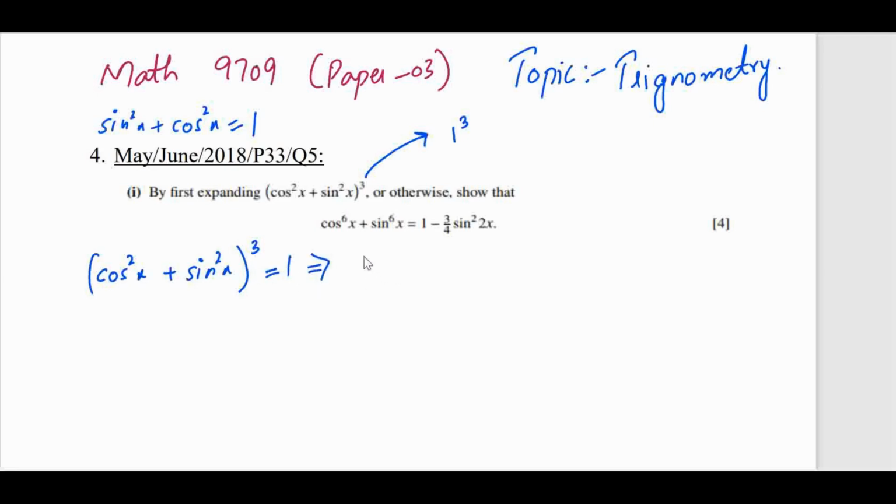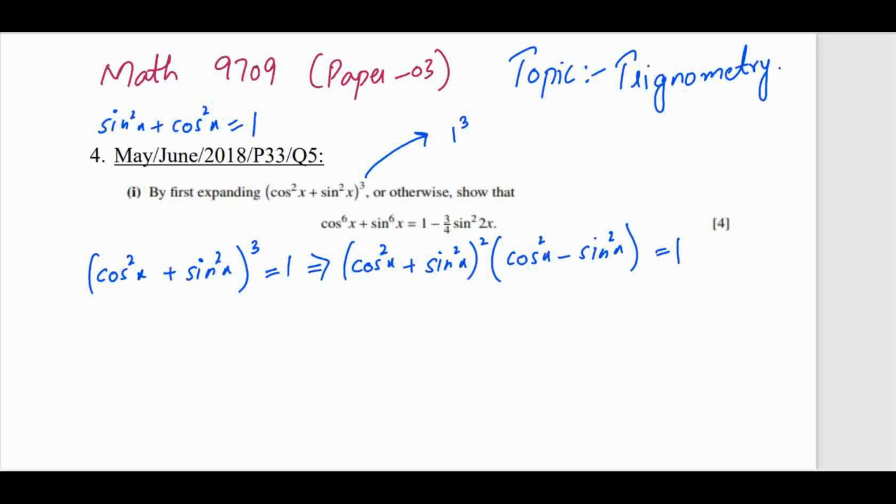Then we can further simplify it. We can write the left hand side as (cos square of x plus sine square of x) whole square into (cos square of x minus sine square of x) is equal to 1.